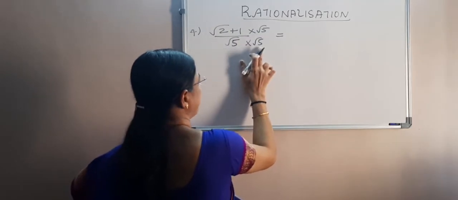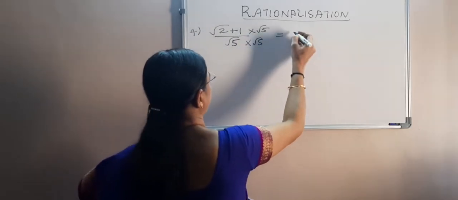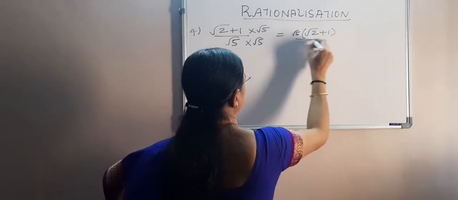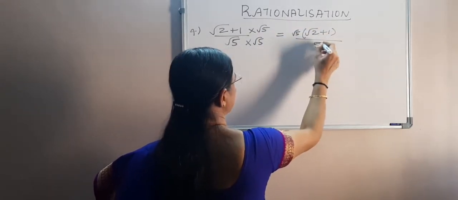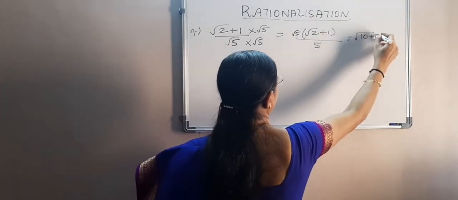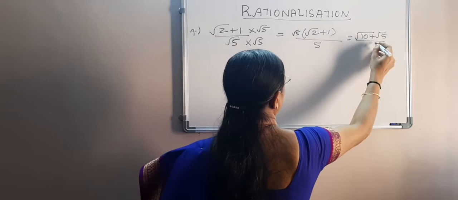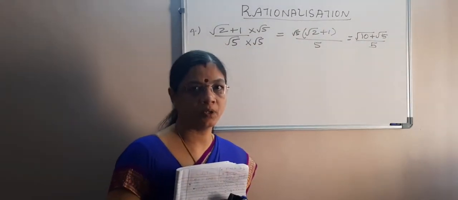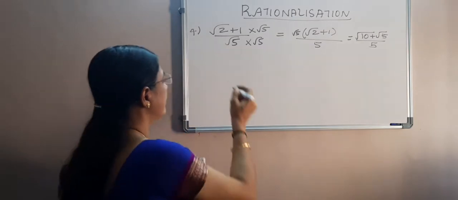So you see the rationalizing factor is root 5. So root 5 into root 2 plus 1 divided by root 5 into root 5 is 5, isn't it? So that becomes root 10 plus root 5 divided by 5. So this is your answer. Do you understand? So this is how we rationalize.